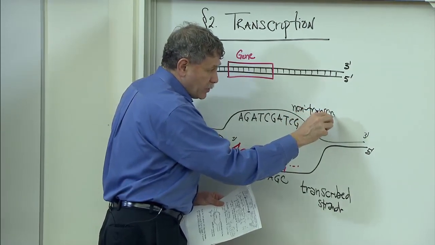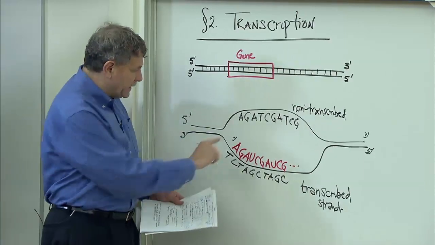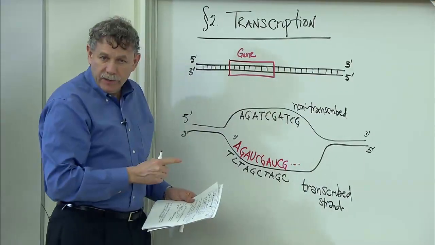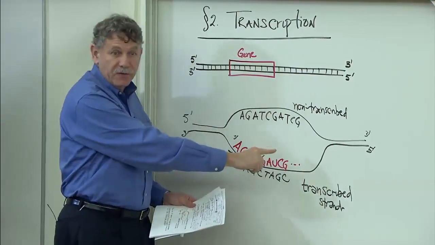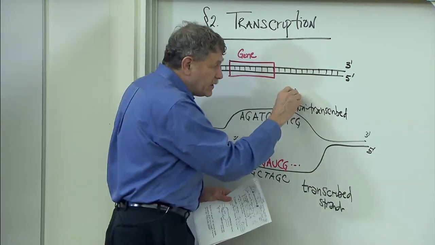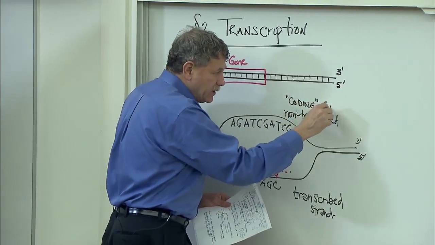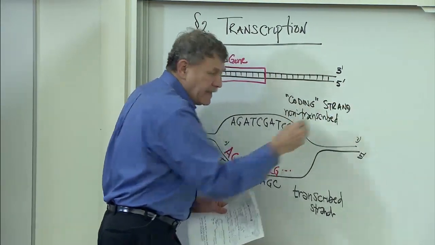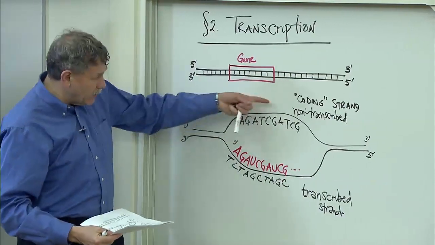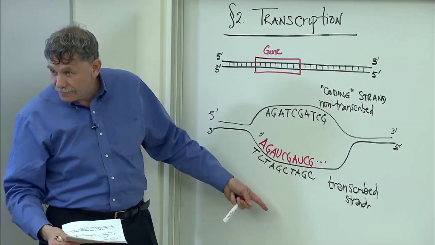It's not being transcribed into RNA, but in fact, the sequence matches the sequence of the RNA, apart from the U's and T's, right? So we refer to this as the coding strand because it contains the information that will end up on the RNA, even though the RNA is made from the non-coding strand, okay?